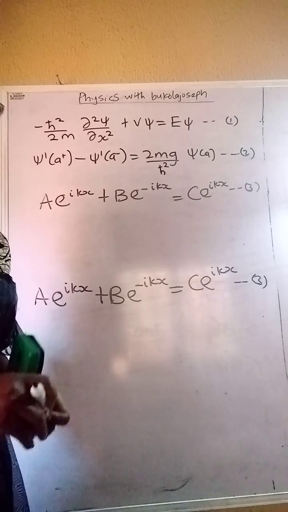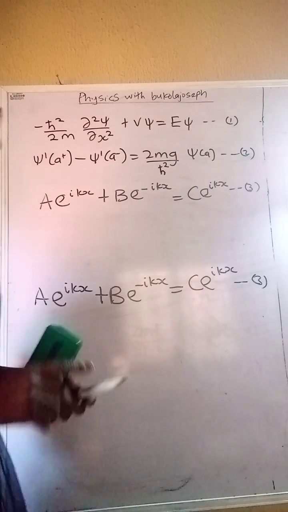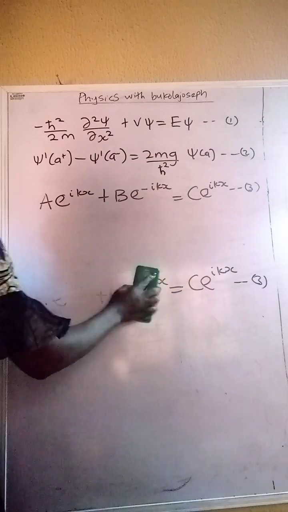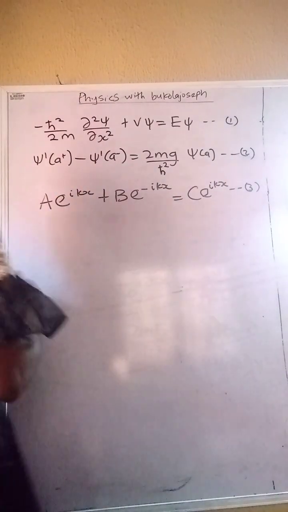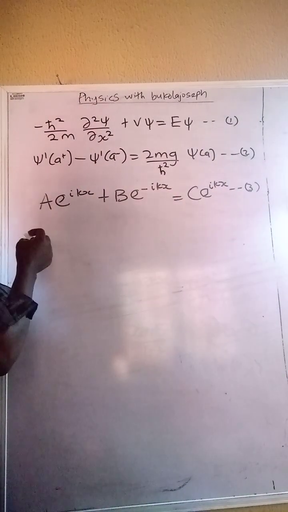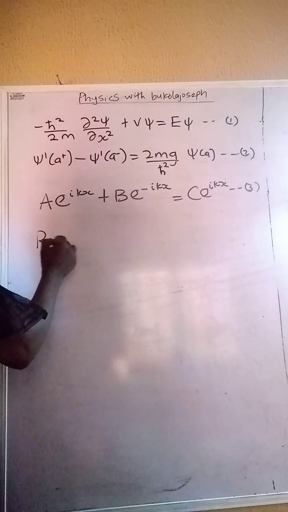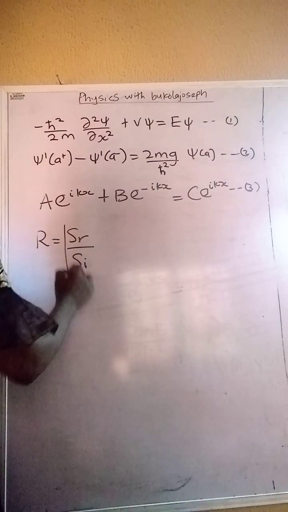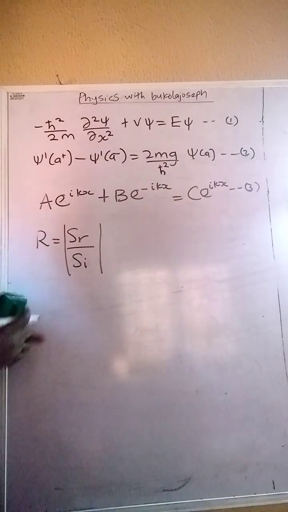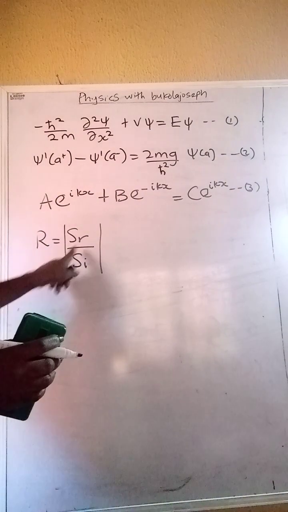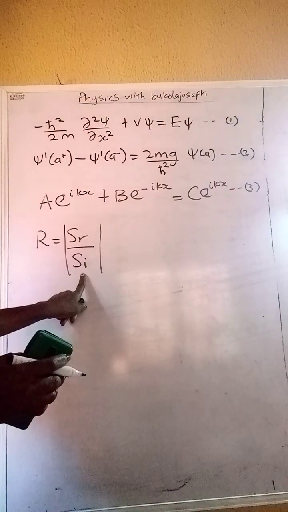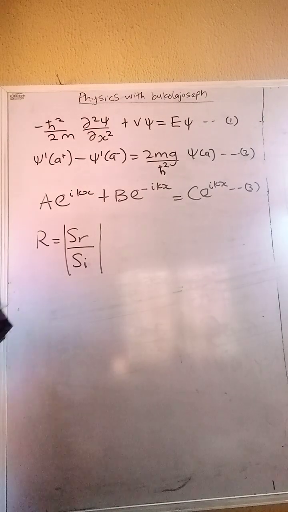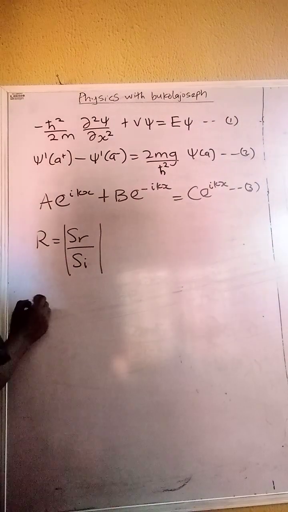We are looking for the reflection coefficient. So what is the formula for the reflection coefficient? The formula is simply R is equal to the absolute value of S_R over S_I. Now what is S_R and what is S_I?